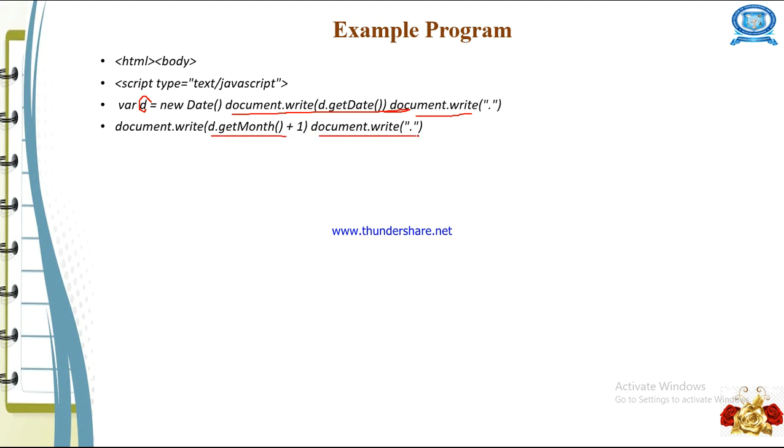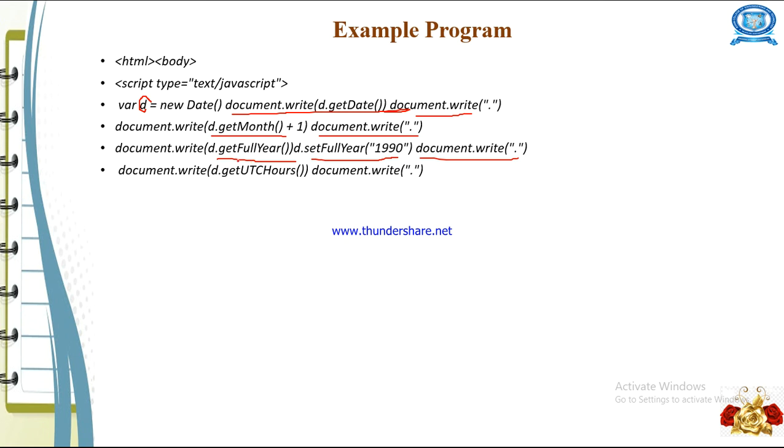Then document.write d.getFullYear, and d.setFullYear with 1990. So first write the month and the full year.